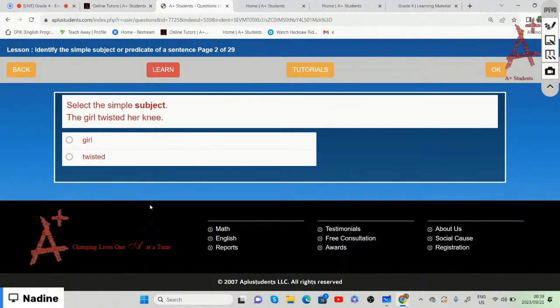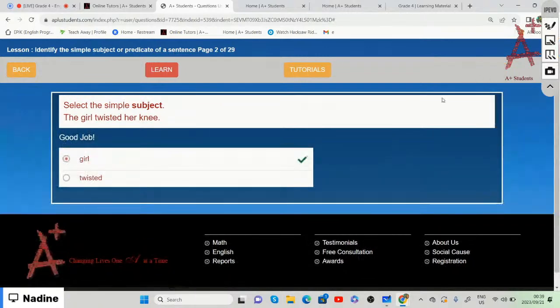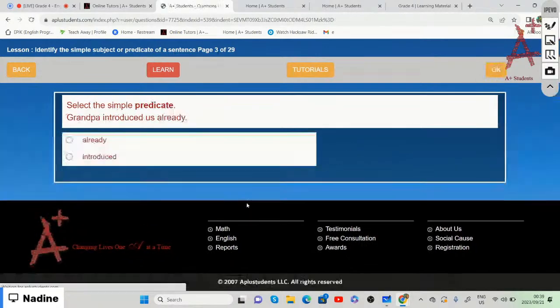And if we select the subject, then we will select the noun, which is girl. Grandpa introduced us already.